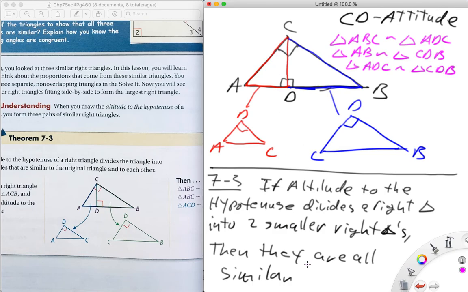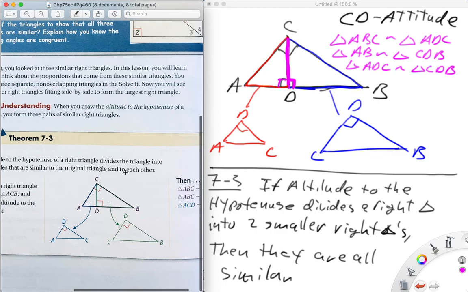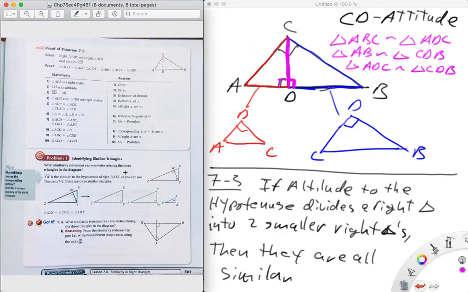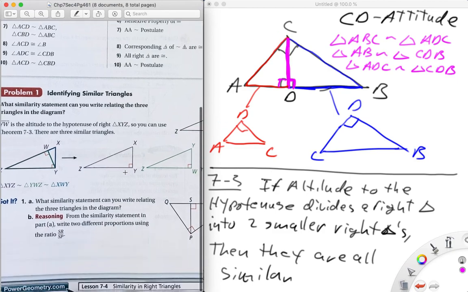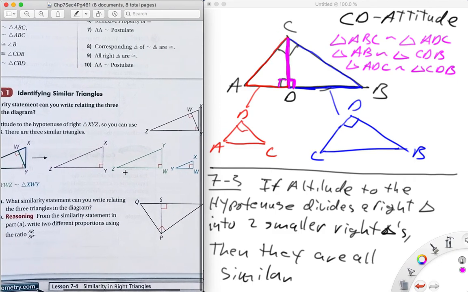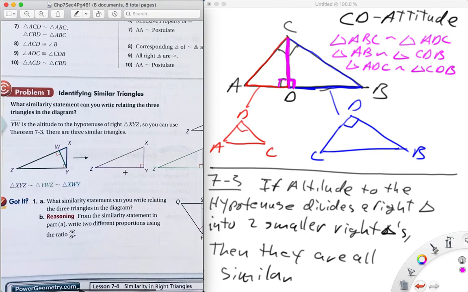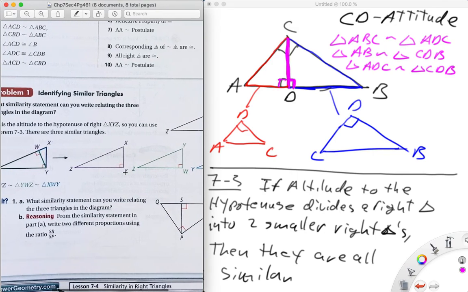All of these triangles are similar, but it has to be from the altitude to the hypotenuse, the altitude from the 90-degree angle to the hypotenuse. And remember, the altitude forms 90-degree angles. That's Theorem 7.3. We're not going to be dealing with proofs of this scenario, so you can use it.